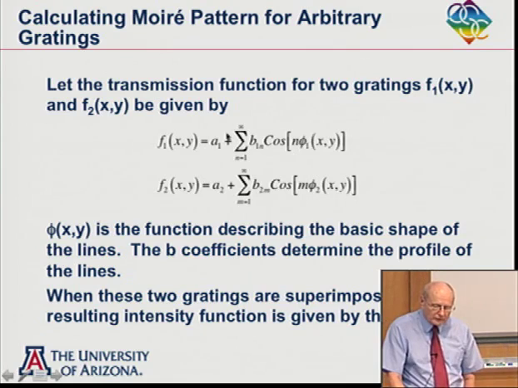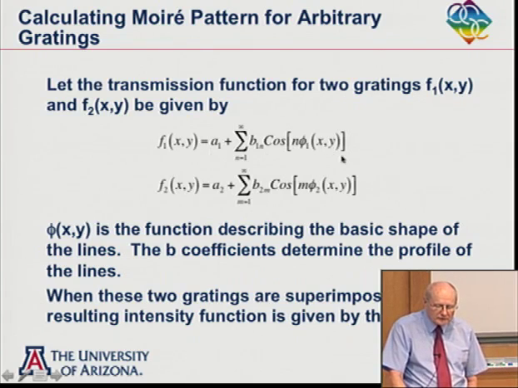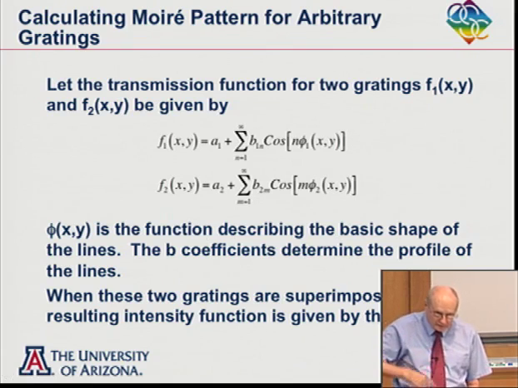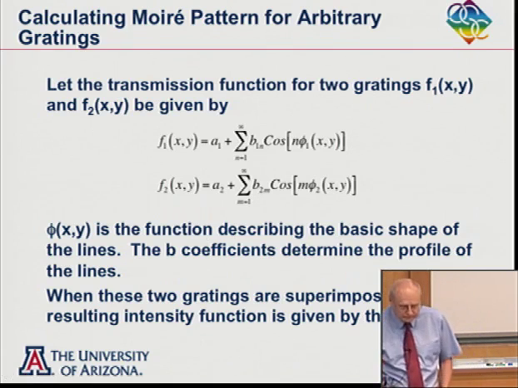And I'm going to put in a little constant term in front, because these are intensity transmissions, so it can't go negative. So I have to have something in front here. And it's a cosine of n phi 1 of x and y. So phi is the function describing the basic shape of the lines, whether they're straight lines or circular or whatever.